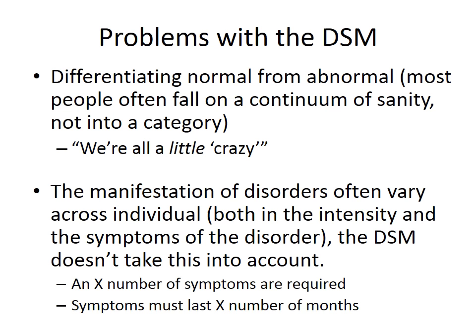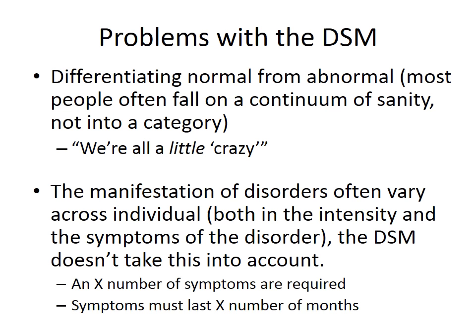Another problem that we have with the DSM is that when we qualify somebody as having a disorder or not, a lot of the requirements that we have to define having a specific disorder seem extremely arbitrary at times. If we talk about depression, usually you need to display depressive symptoms for a certain number of months.